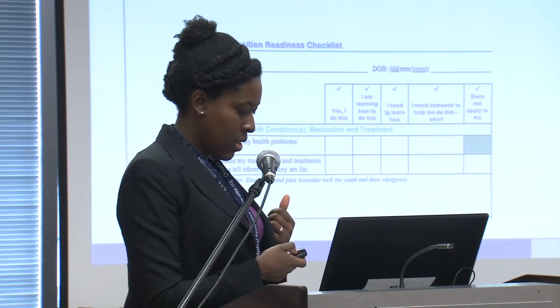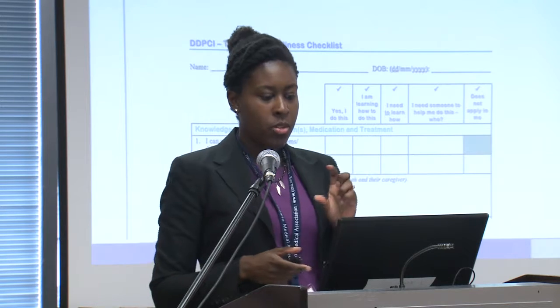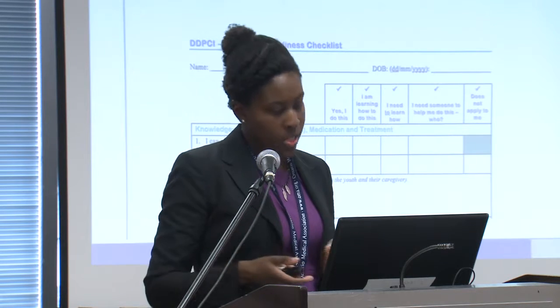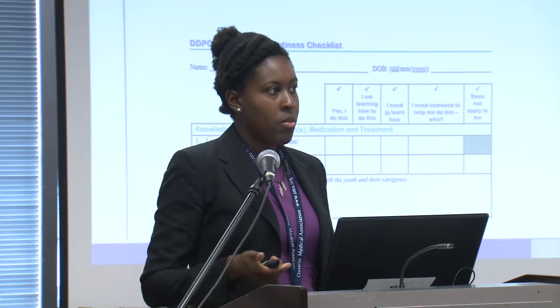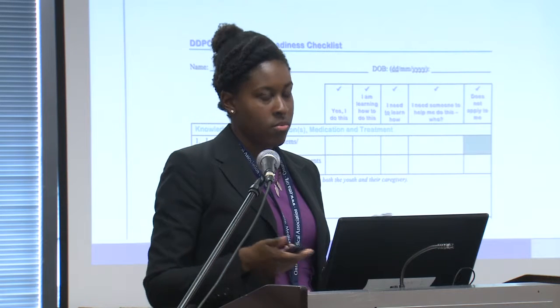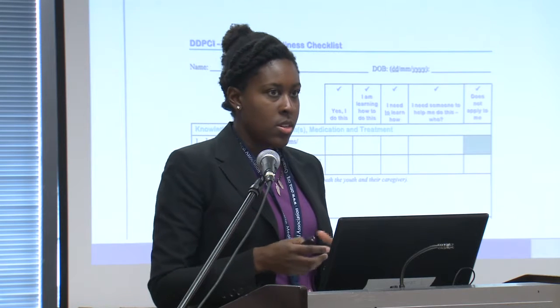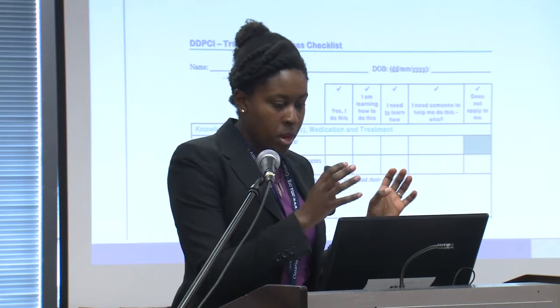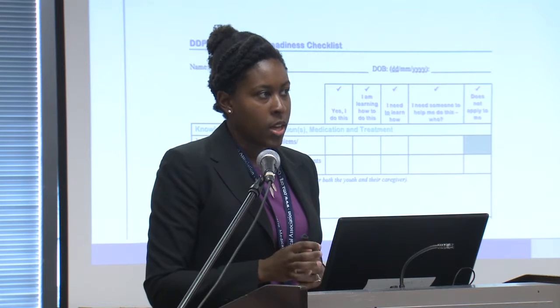Also, you'll see we've blacked out does not apply to me, because there are some skill areas that should apply to everyone with a disability or with autism, and it means that if the youth themselves cannot do it, then their caregiver really needs to know how to do that.